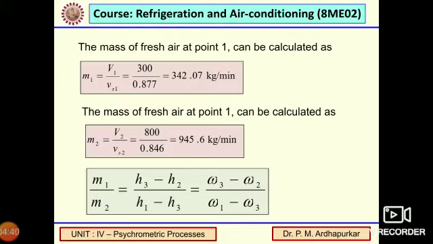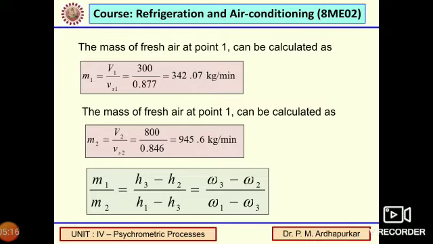Since the volume flow rate are given for stream 1 and stream 2, and you know the corresponding specific volumes, you can find out mass flow rate m1 for stream 1 and mass flow rate m2 for the recirculated air. So that is m1 is equal to V1 upon vs1. It will come out as 342.07 kg per minute, m2 as 945.6 kg per minute.